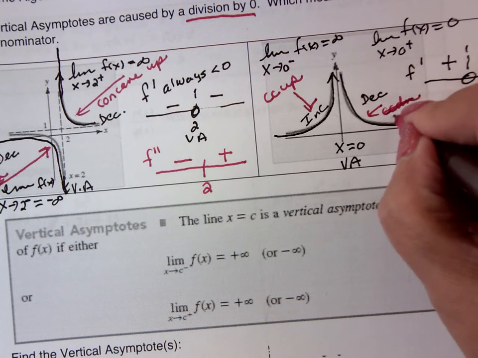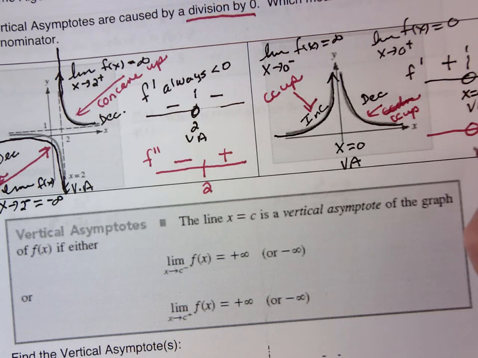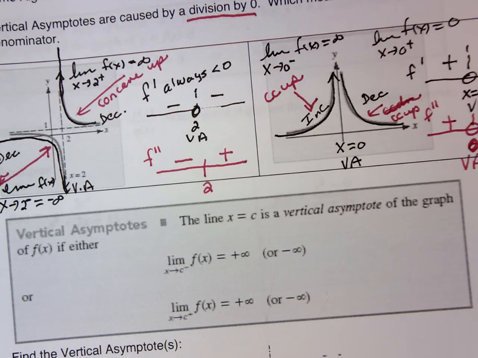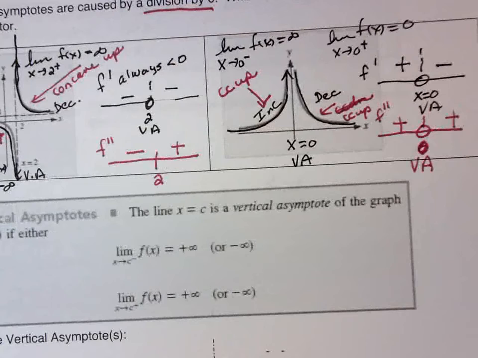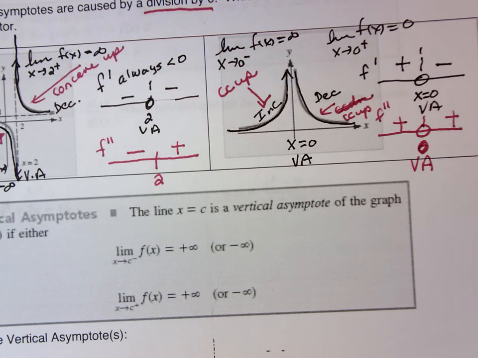He's concave what? Concave up. So if I look at, again, the VA, which I have to include, and this is f double prime, it's plus followed by plus, so concave up followed by concave up. Now that's working directly from the image, from the picture.